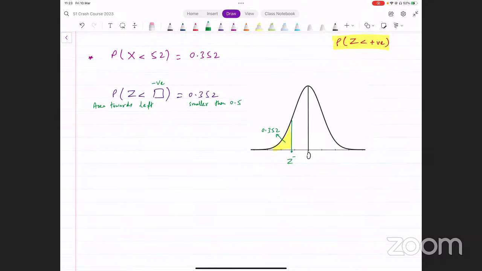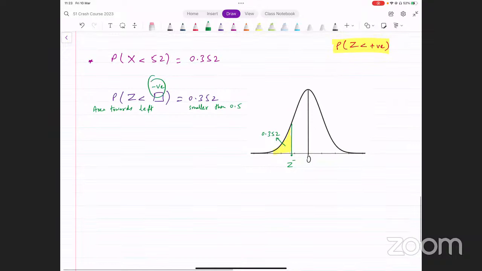But the problem is it's not the standard form, right? The value is negative. So what do we do for this? We can first flip this. If we flip this, we can say the area to the right of the positive value of z, the corresponding positive number here, let's call this z plus, is also going to be the same. This area would also be 0.352. So the area to the right of this positive value is 0.352. But it's still not the standard form. We need the area to the left of positive value z.